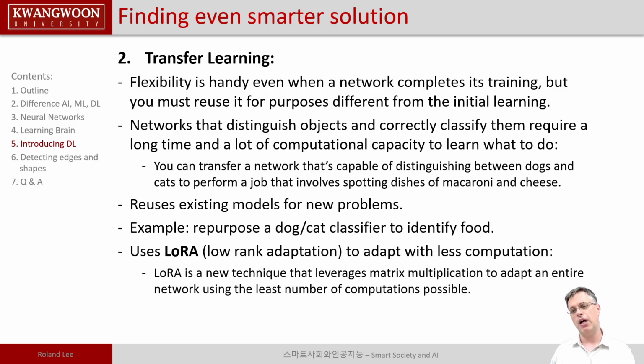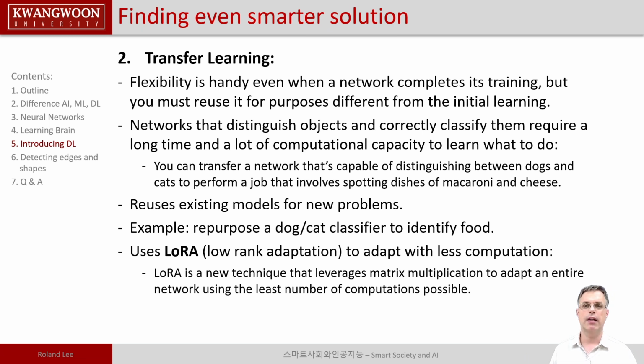So we continue now with transfer learning. Flexibility is handy even when a network completes its training, but you must reuse it for purposes different from the initial learning. Networks that distinguish objects and correctly classify them require a long time and a lot of computational capacity to learn what to do.